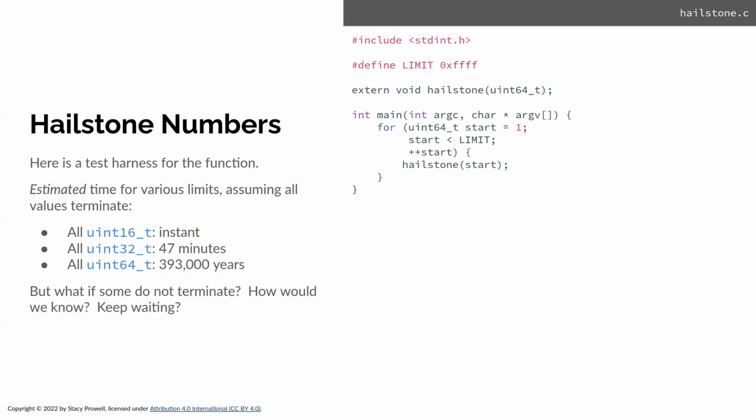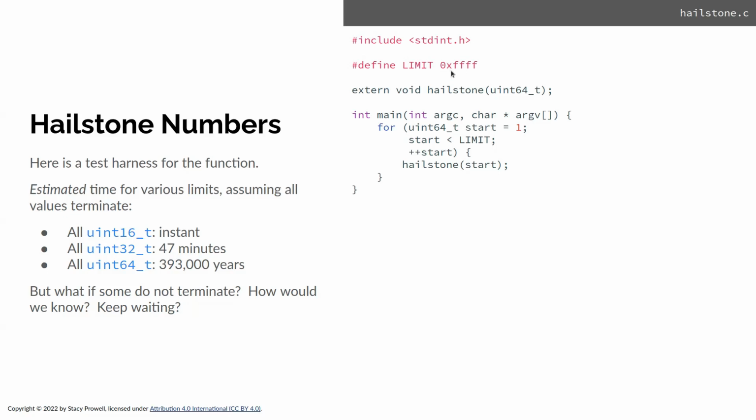Well, it turns out that we have to think about a few other things in order to think about this correctly. Here's a little harness program that maybe reveals some of what's going on. If you compile this and link it with the little hailstone thing, you can run it, and it'll start at the value 1, and it'll run up to some limit.